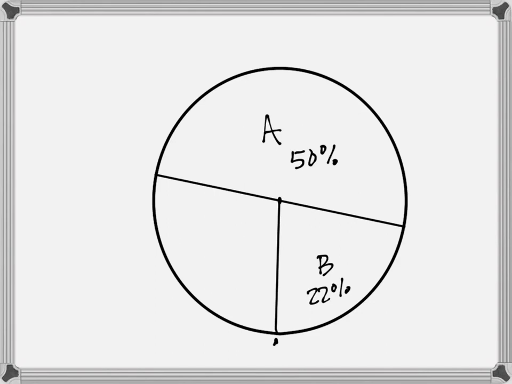Okay, so mine looks something like here. And I'm actually on the inside of my circle this time, so I'll extend it all the way over here. This is my C's, and it's 11%.